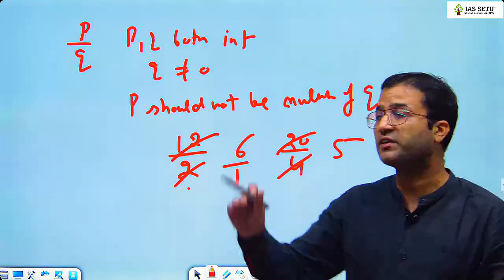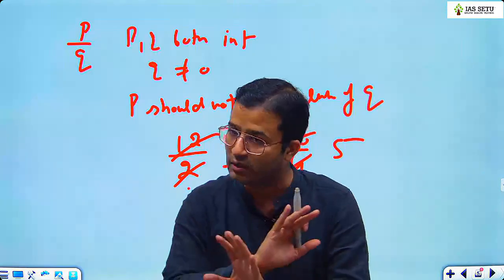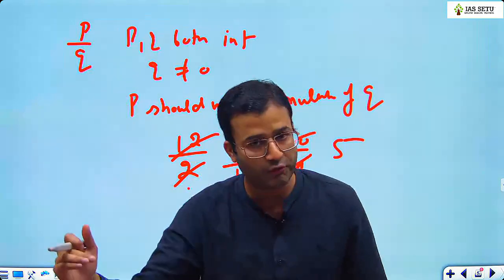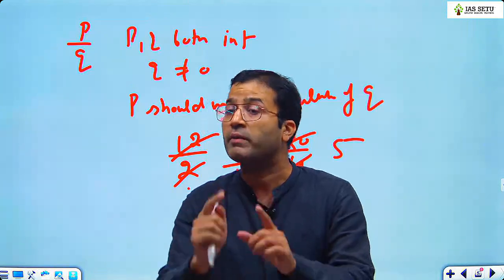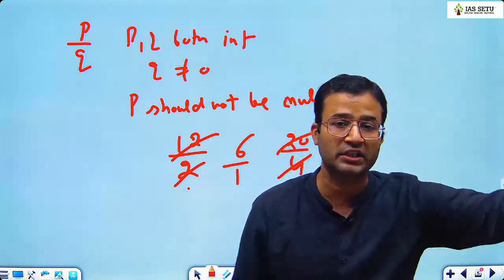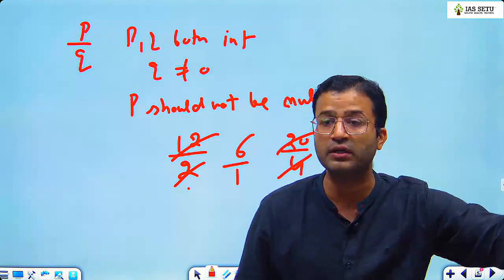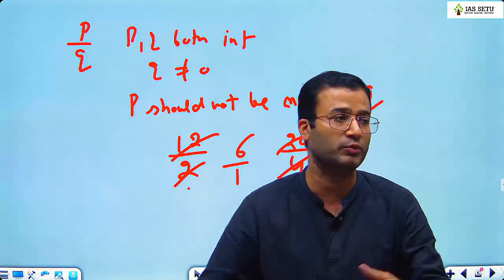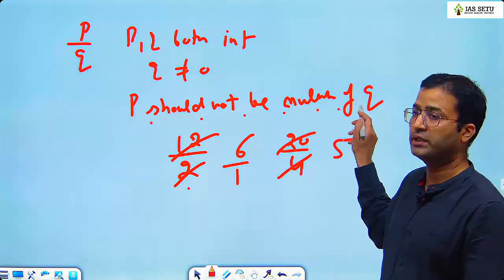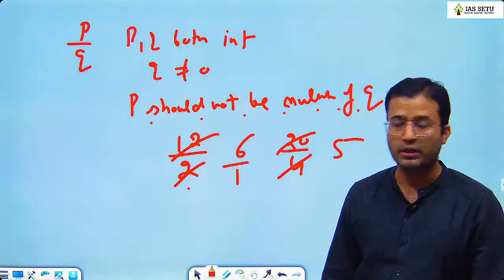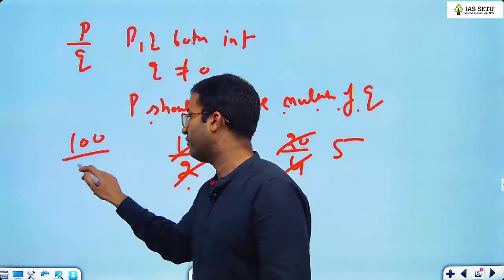So what is the difference between rational and fraction? More or less same, p by q form, where p and q are both integers, q is not equal to 0. But in a fraction there is one more addition, as he told, that q cannot be 1. But what is the language for that point? How do we convert it into language? p should not be multiple of q. Like 100/25.